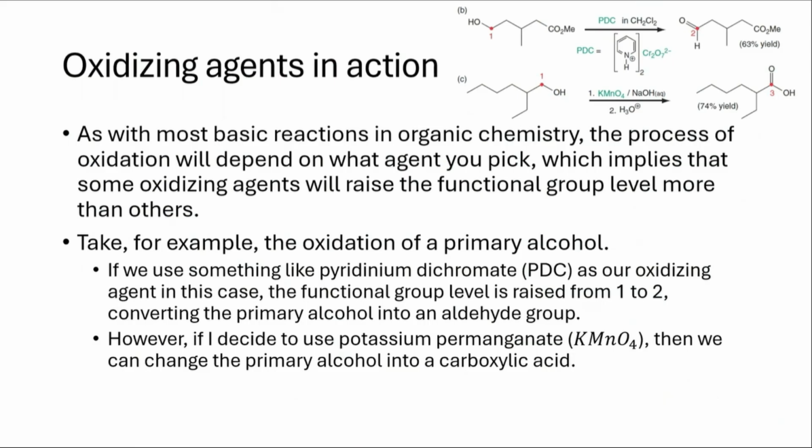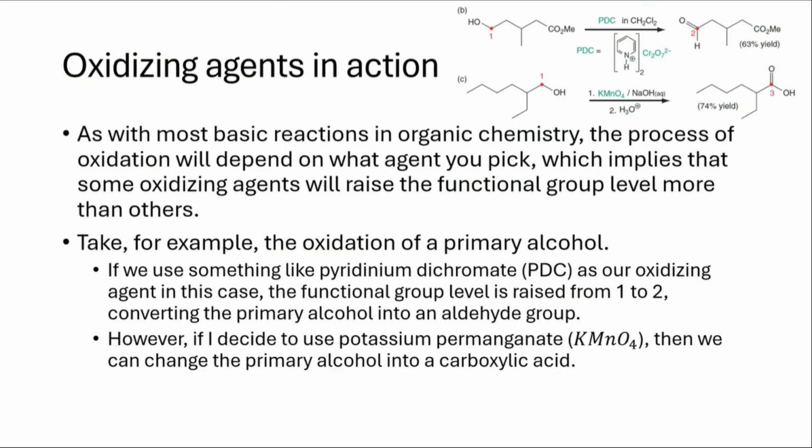So here are a few oxidizing agents in action. The process of oxidation will depend on what agent you pick, which implies that some oxidizing agents will be harsher than others. Right here we have 2 examples. These are known as primary alcohols, because the carbon that's bonded to oxygen is only bonded to one other carbon. We can use oxidizing agents to raise that functional group level.